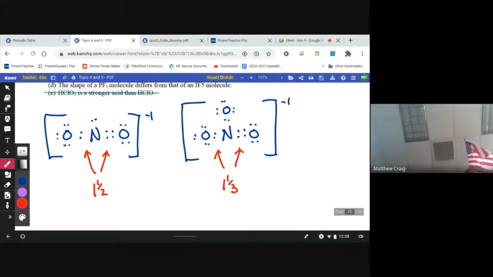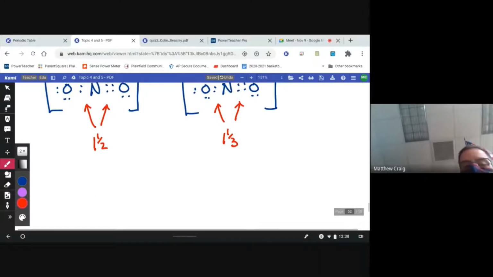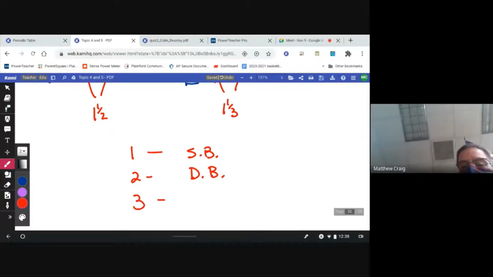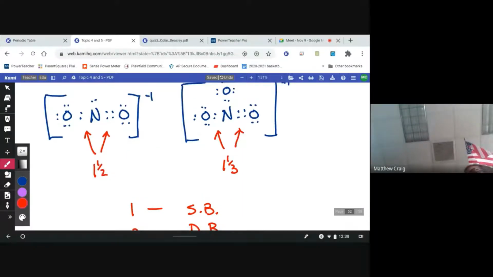Remember, single bond, double bond, triple bond means a higher number. So if you're doing this, the higher the number, the shorter the bond, because this is closer to a double bond than this. So this one is shorter.